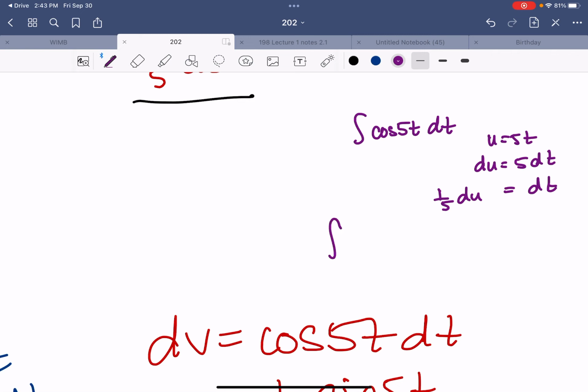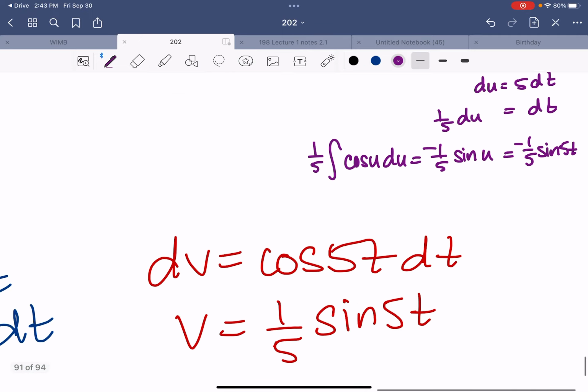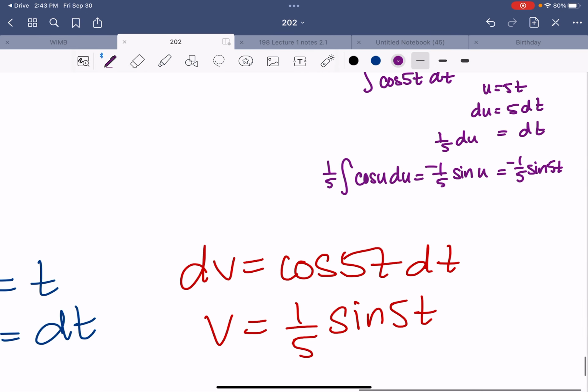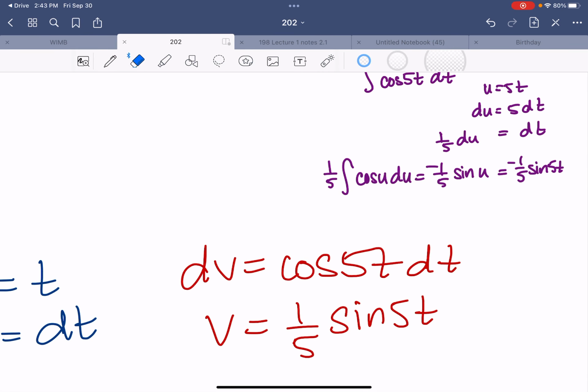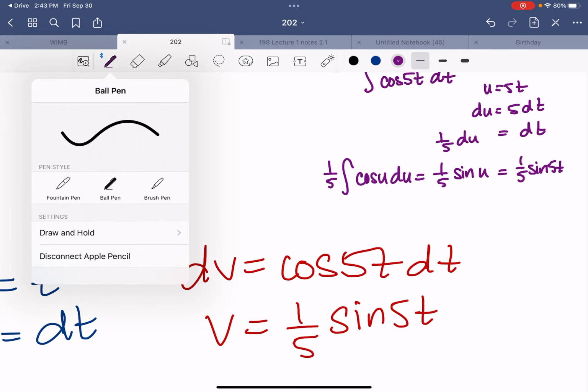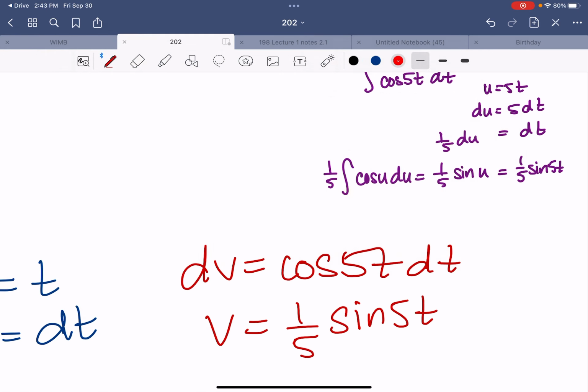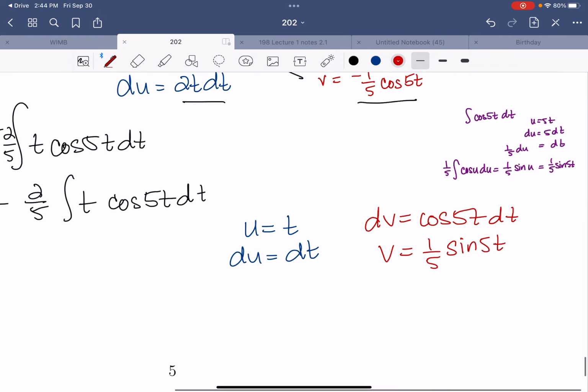So you're finding the integral, 1/5, the integral of cosine of u du. That's 1/5 times negative sine of u, which is 1/5 the sine of 5t, except I did this wrong. This shouldn't be negative, right? Antiderivative of cosine is positive sine. I want to keep my positives. Okay, so that's how I get my 1/5 sine 5t.